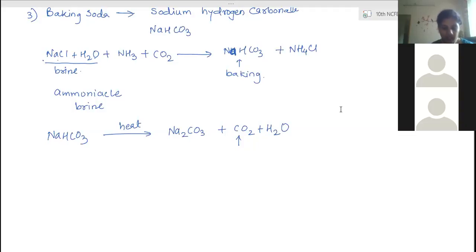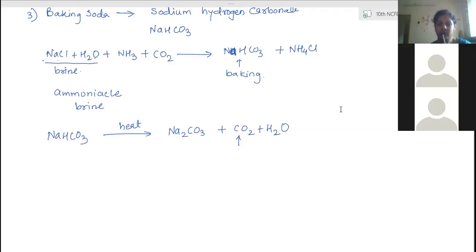Ma'am, it neutralizes the excess base present and removes the bitterness present in the batter due to the accumulation of base.